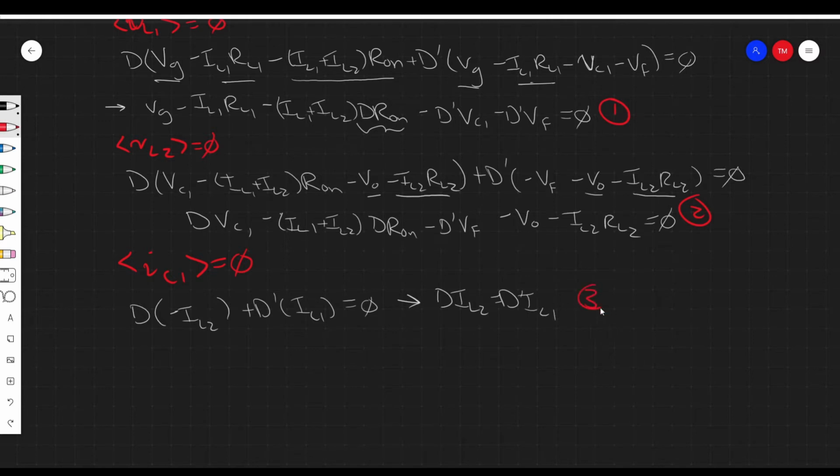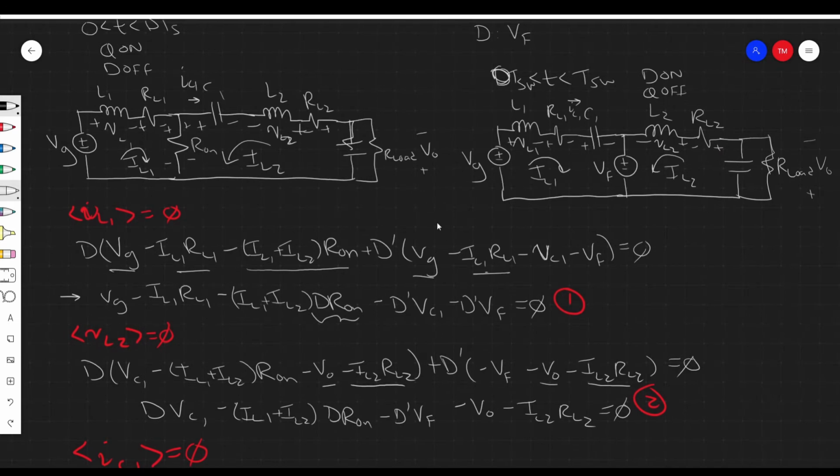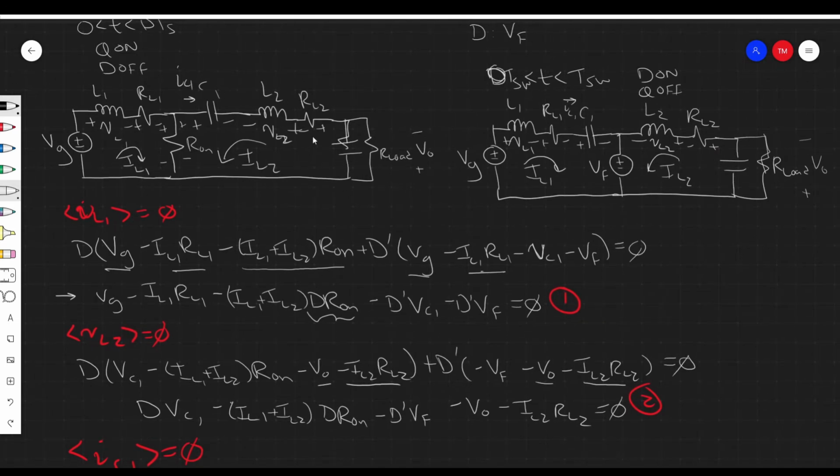This is equation 3. And then we're also going to think about the output capacitor. Again, this is similarly kind of easy. The average current applied to the output capacitor over one switching cycle is equal to 0. Now note, we've defined the current IC2 to be in this direction, because of the direction of the output voltage.